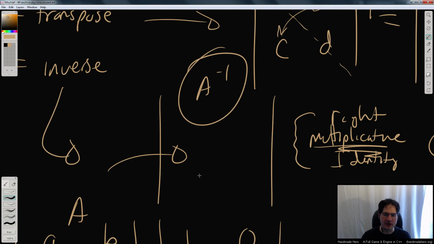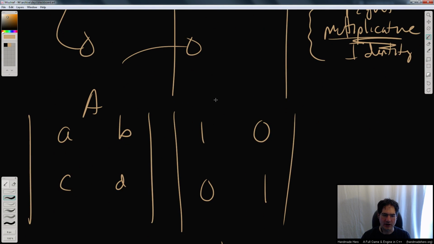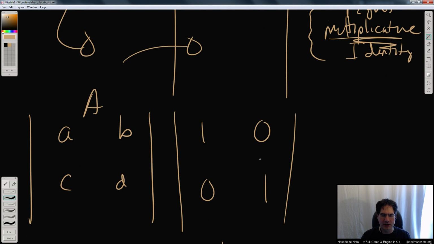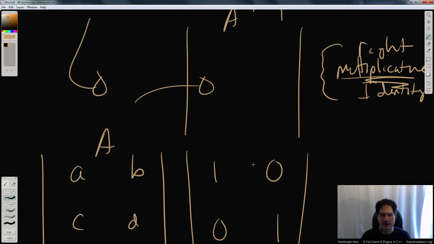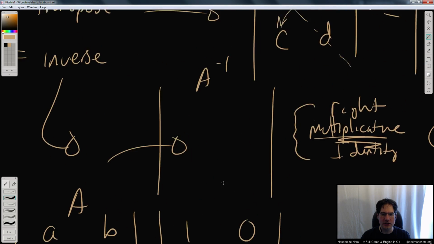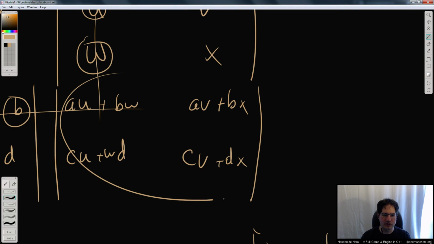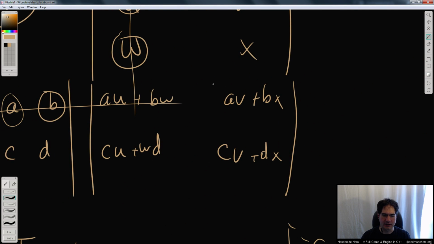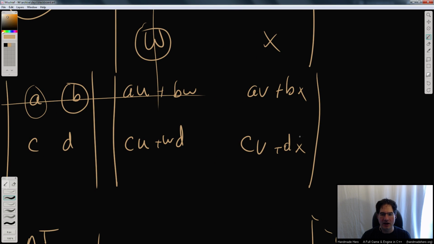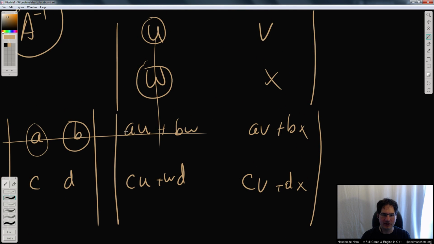So the inverse is the matrix that would go here such that we could produce the identity. We know what this matrix multiplied out to be; we produced it here. Here's what it is. So we can think about how we would get an identity matrix out of this. How would we make these u, v, w, and x?